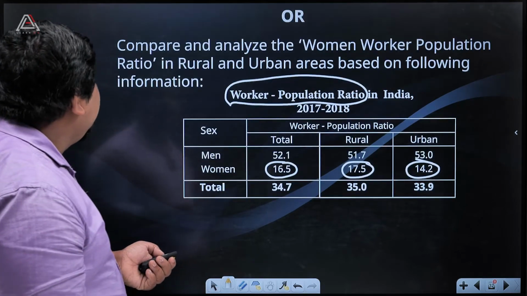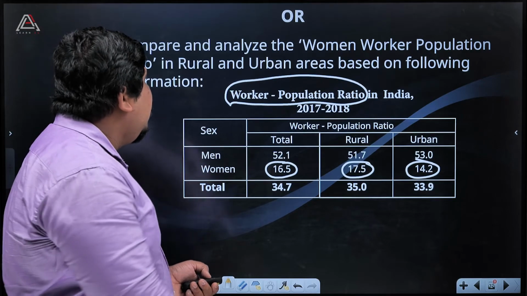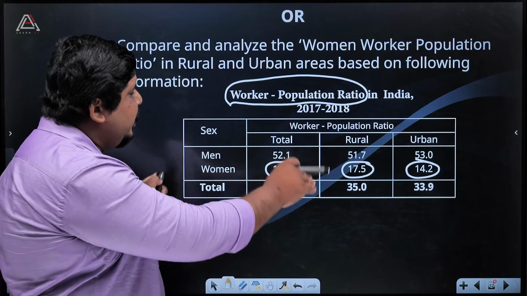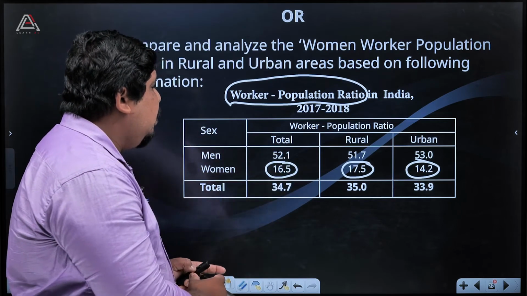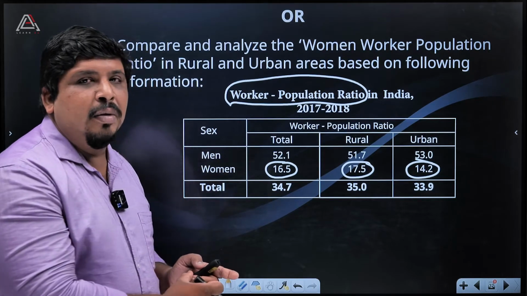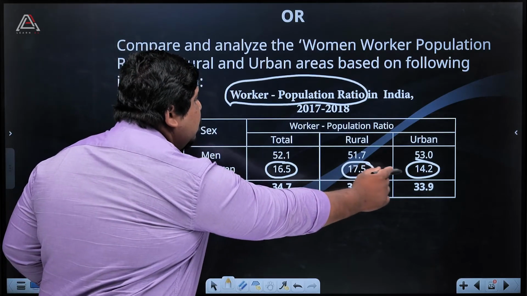The question is to compare and analyze women worker population ratio in rural and urban areas based on the following information. You have to analyze the table and find out from that analysis. The question is only about women, so we are discussing women.